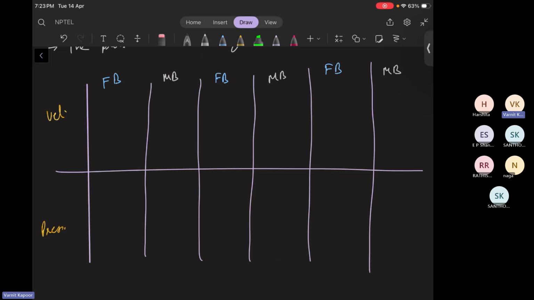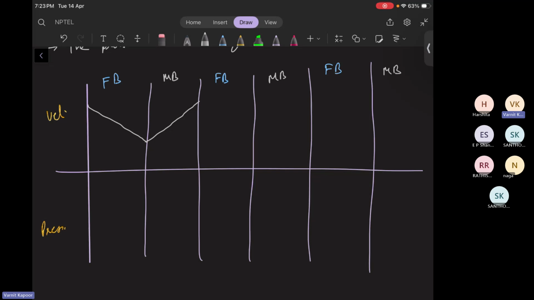In the fixed stage, the velocity decreases first. Then in the moving stage, the velocity increases. This is your first stage, and the pressure increased in both scenarios.